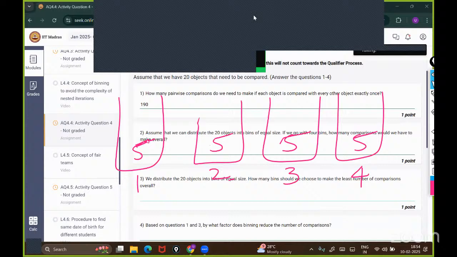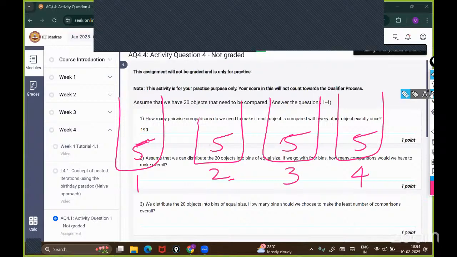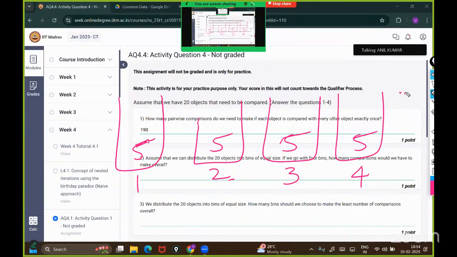Ten, ma'am. How is it 10? In each bin there are 5 observations, ma'am, and the n into n minus 1 by 2 formula will be used. Yes, perfect. So for each bin I'll get 10 comparisons, and for 4 bins, 4 into 10, 40 will be.